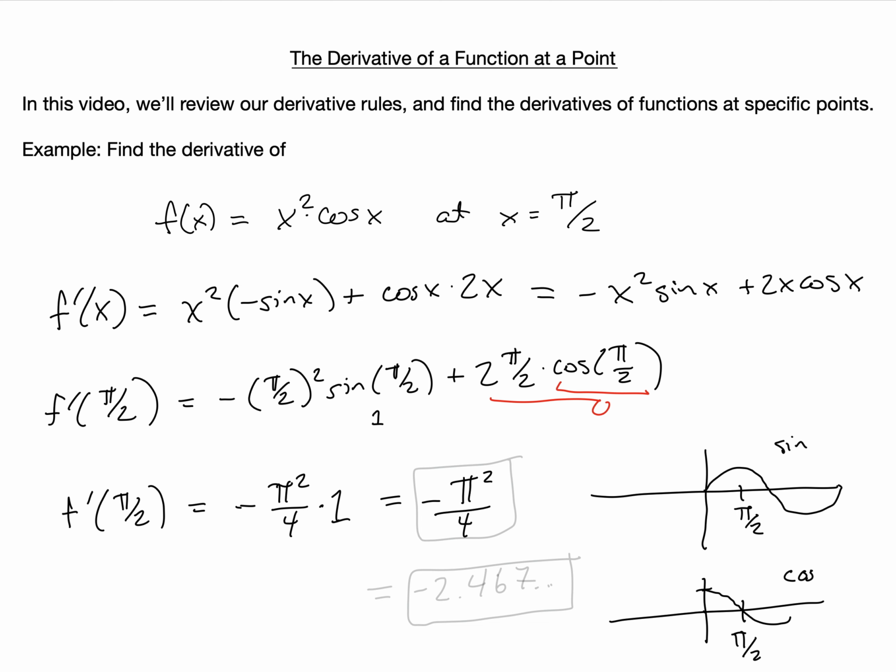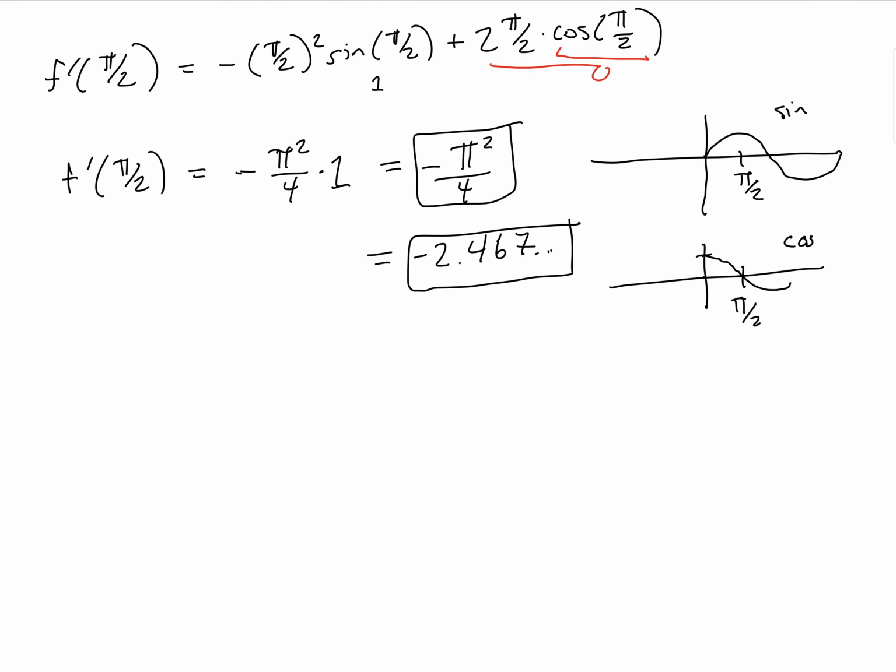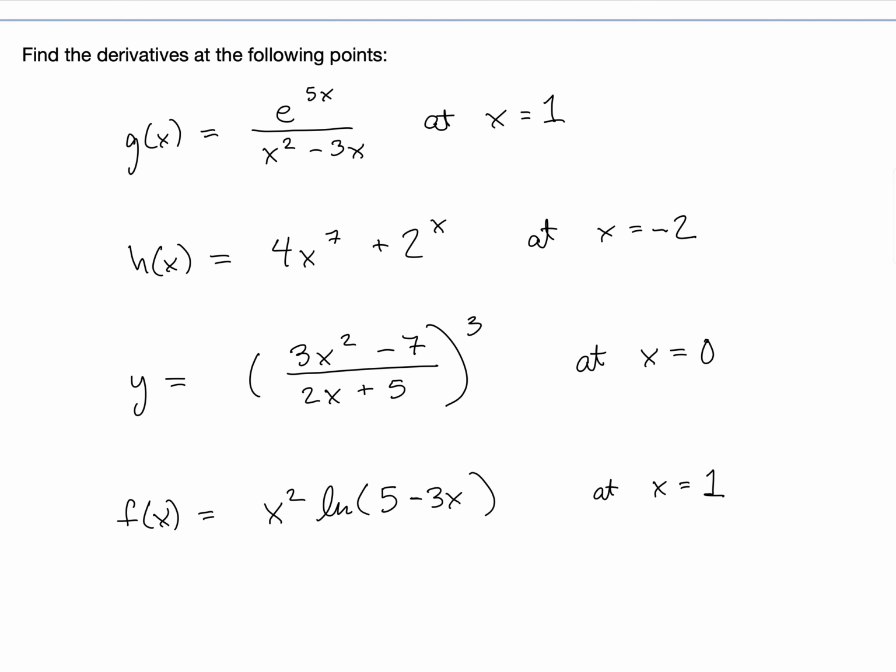And if we wish, we can write that as its decimal approximation, so that's approximately negative 2.467. It's an irrational number. The decimal continues and never repeats or terminates, so that's just an approximation. Or we can leave it in this form. Either way is good. So to find the derivative at a point, all we need to do is find the derivative like usual and then plug in the point of interest.